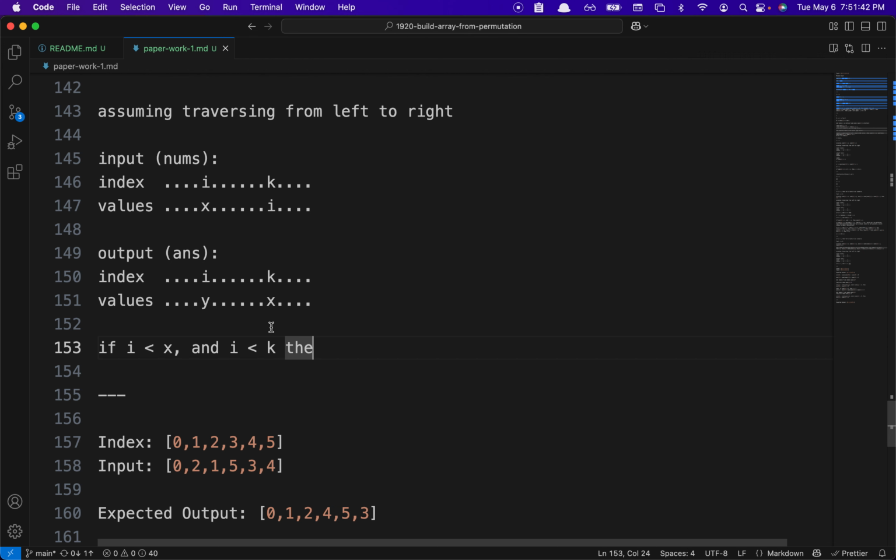We might have to jump around to see what maps to what.